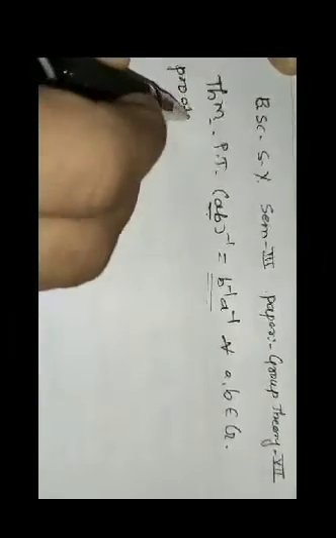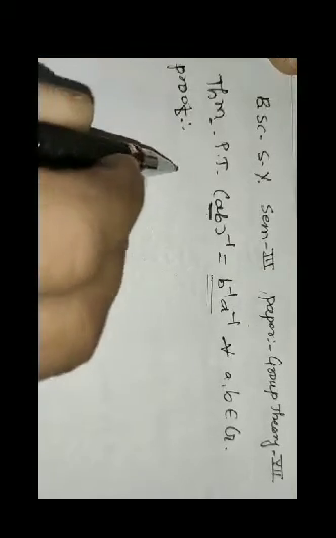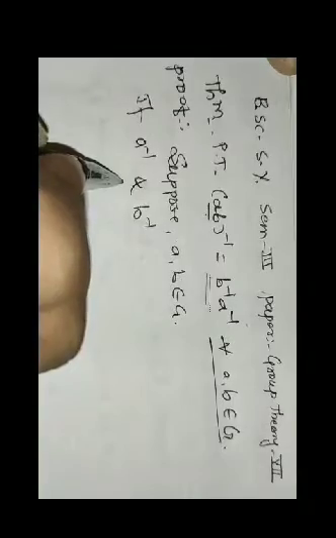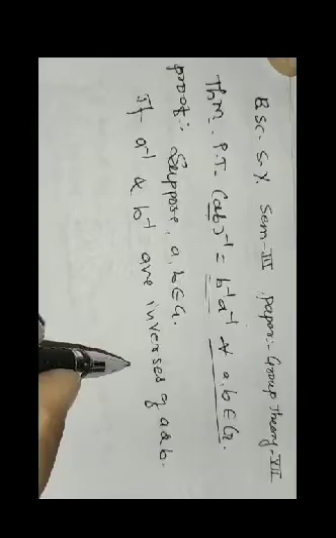Now we start its proof. Suppose A and B are elements of G. Actually it is given: for all A, B belonging to G means obviously A and B belong to G. So suppose A and B are any two elements, and A inverse and B inverse are the inverses of A and B respectively.